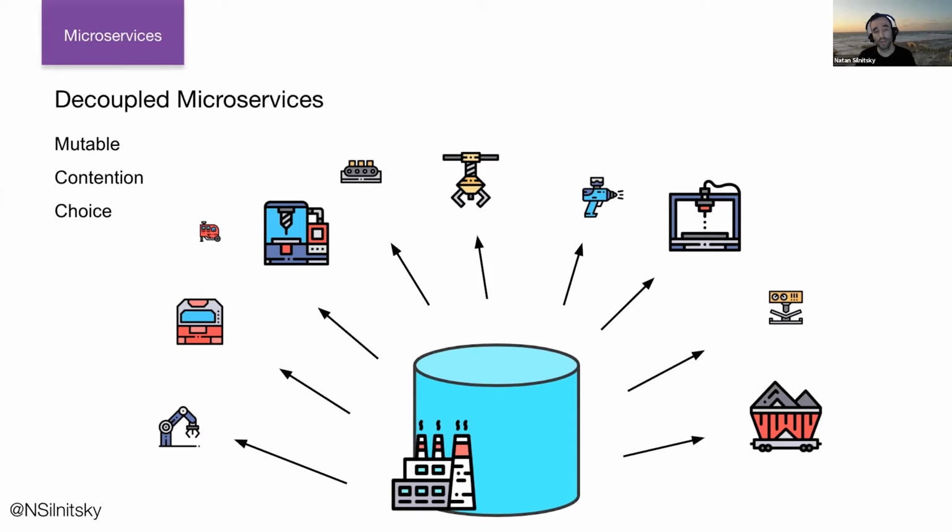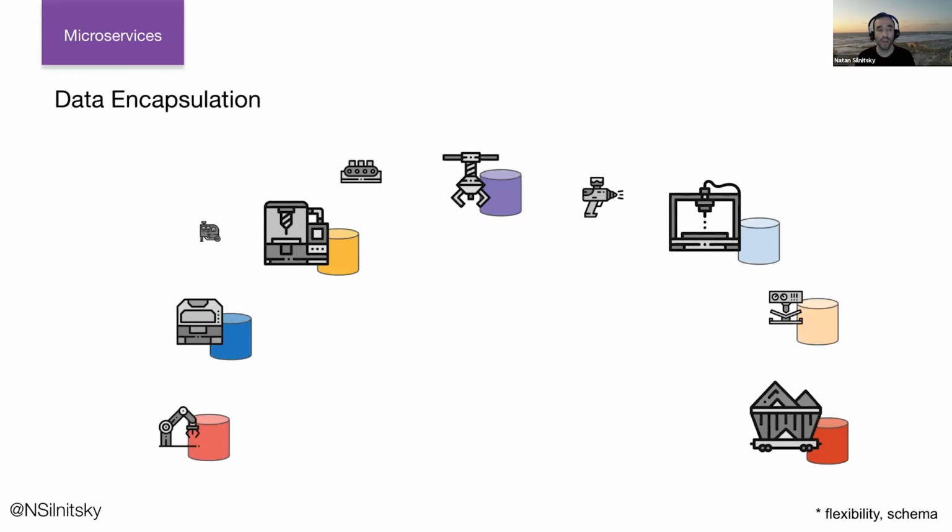And also it means that if you use the same database for all our microservices, we won't have the flexibility of choosing the best database that our microservices require. So with microservices, we've encapsulated the data behind our microservices. That's great. We have flexibility. You want a time series database? Go for it.